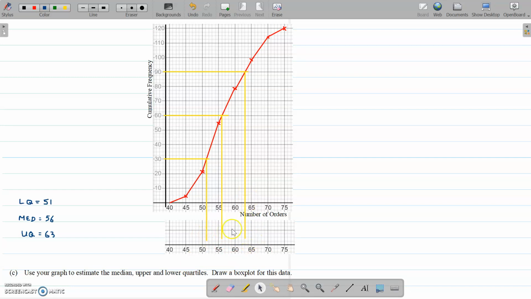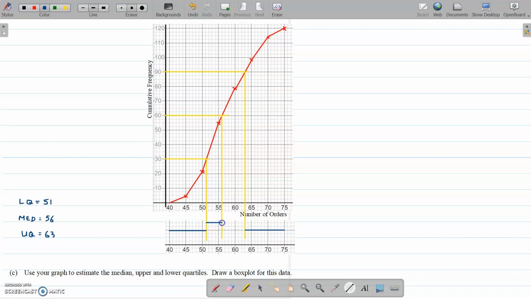So I can just literally construct my box around that, you see. So let me just choose to do this in blue. The whisker starts at 40 and stops at the lower quartile. It resumes from the upper quartile to 75. In this bit we have the box.